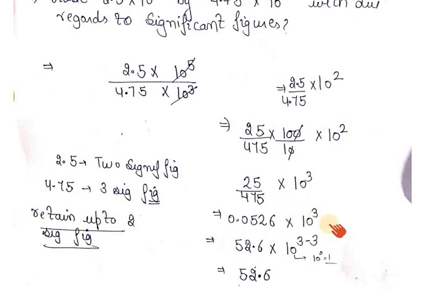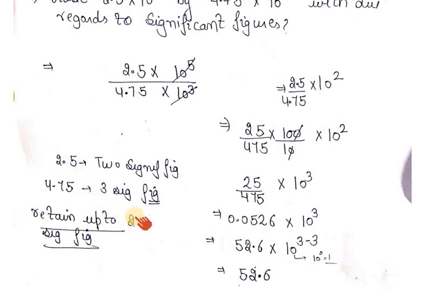Now after this you have to apply the rules. First of all, you will see 2 significant figures in the first number and 3 significant figures in the second number, but you have to retain up to the minimum number of significant figures. That means you have to retain your answer up to 2 significant figures only.